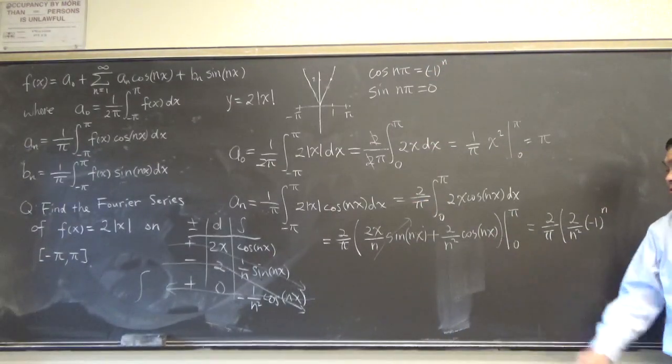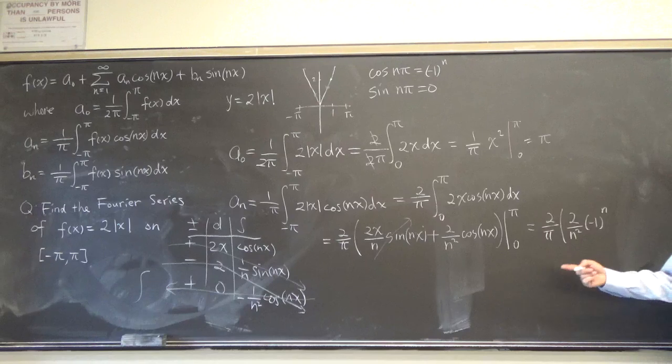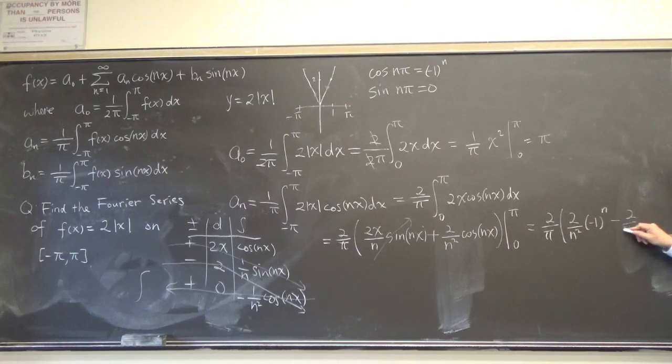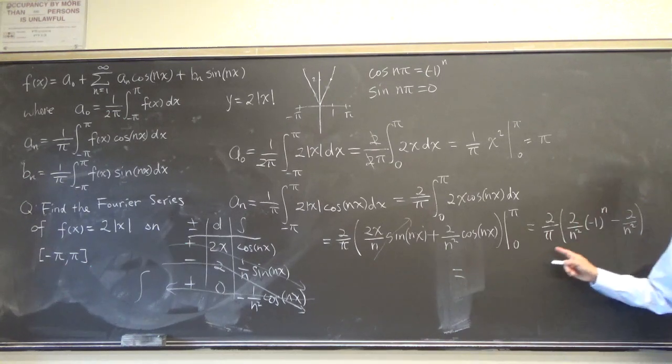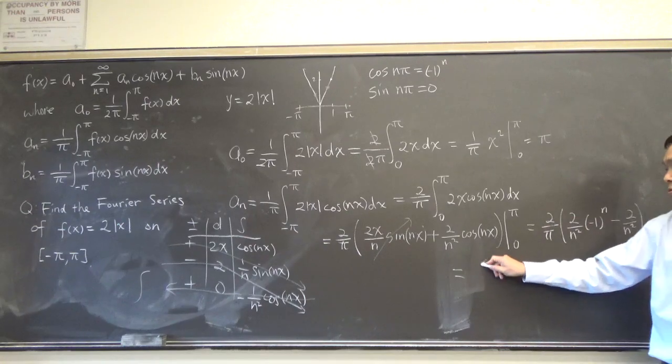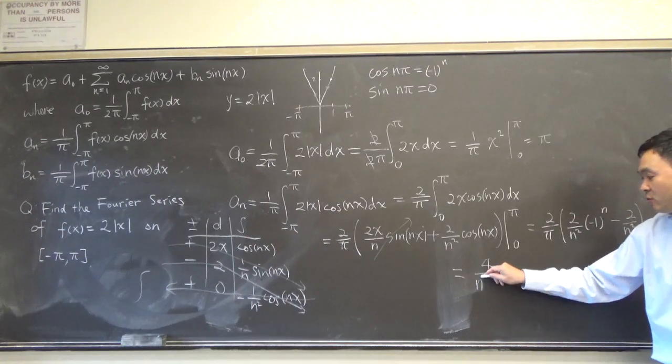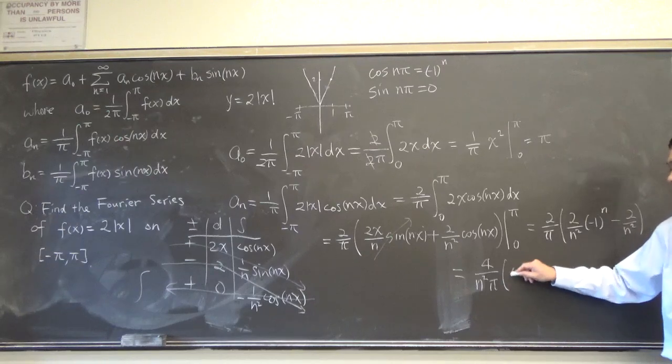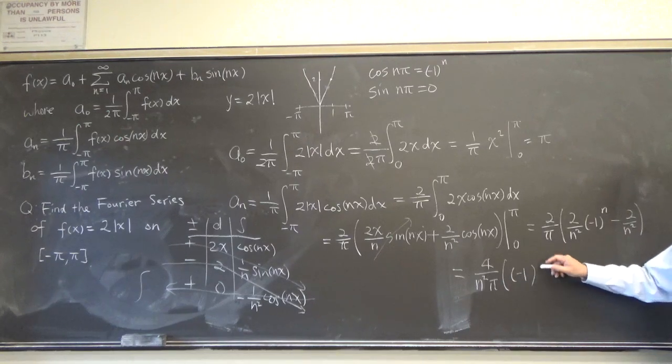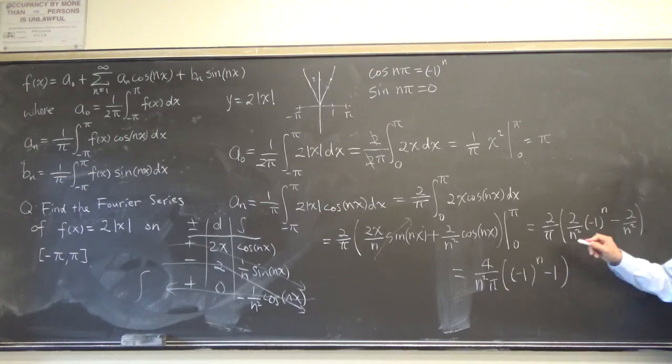So when you plug in 0, that's cosine 0, which is 1, and you're subtracting that, so it's minus 2 over n squared. And since 2 over n squared is common, let's factor that out and multiply it to 2 over pi, which gives you 4 over n squared pi, negative 1 to the nth power minus 1.